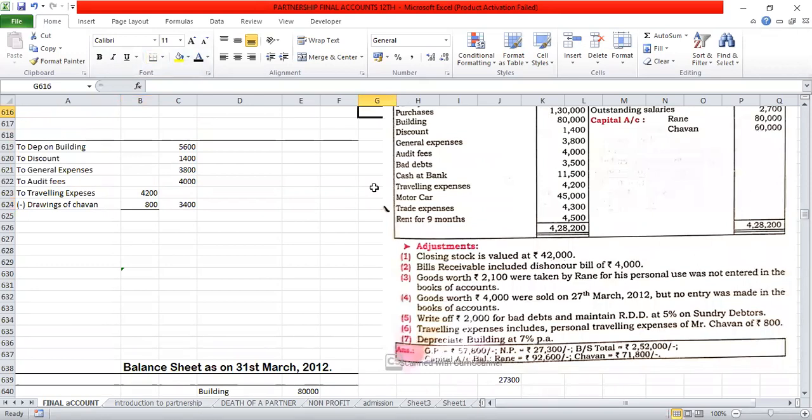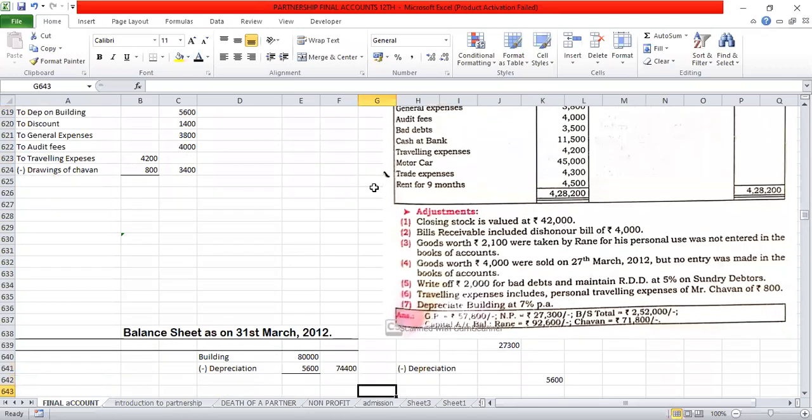Next item in the trial balance is motor car, 45,000 rupees, balance sheet asset side. After motor car, I have trade expenses.